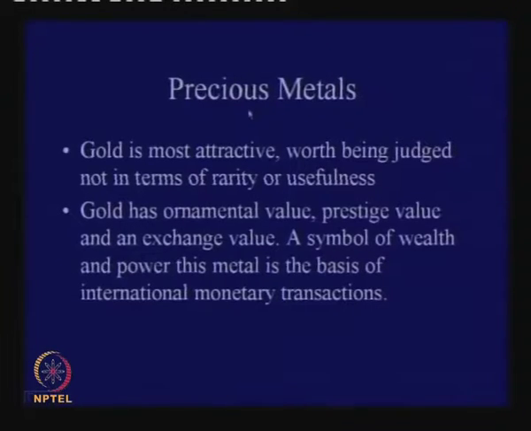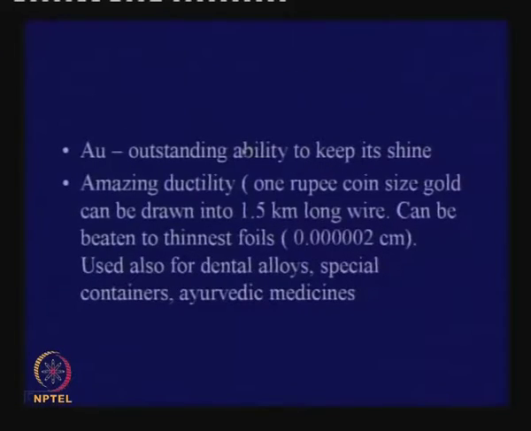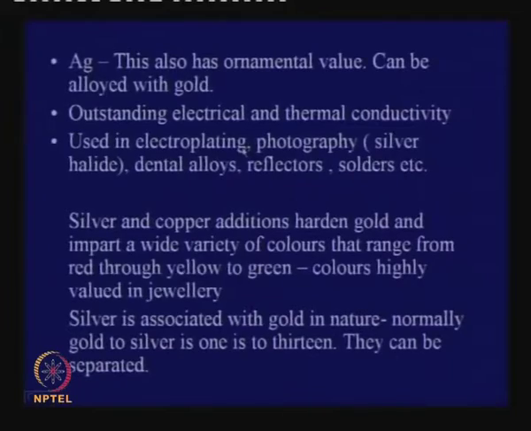Now, we have talked about the interesting properties of gold, which makes it possible to make fine foils and plates. It goes for jewelry making. To some extent that is true for silver also, platinum also. Silver has perhaps more utility value because of its very high electrical and thermal conductivity.